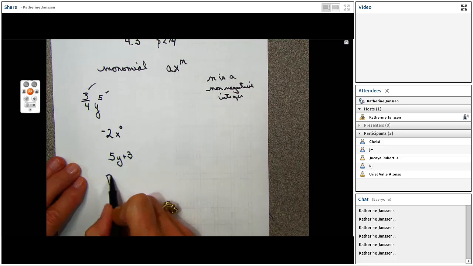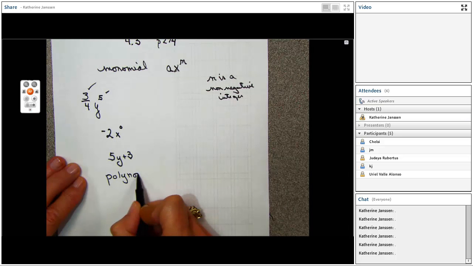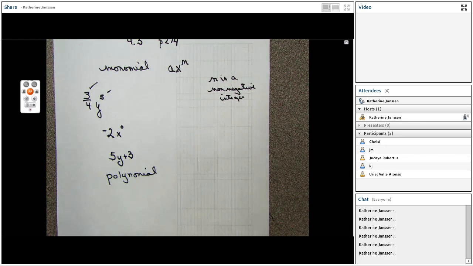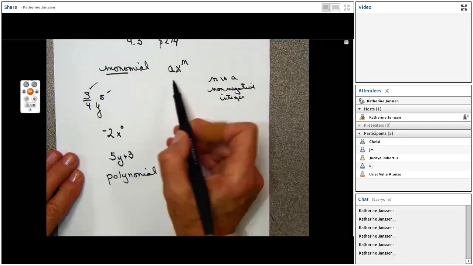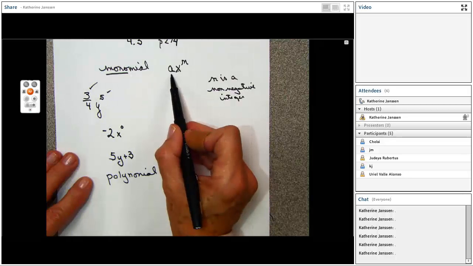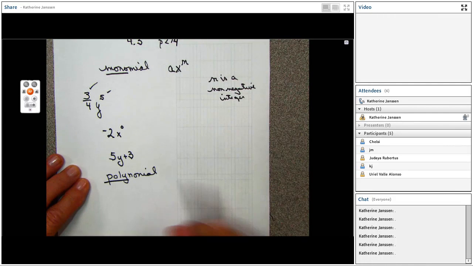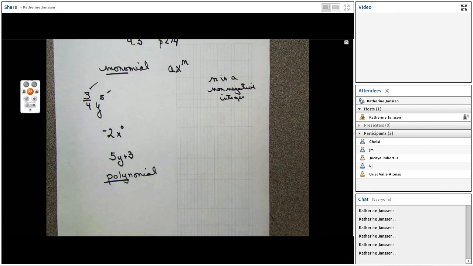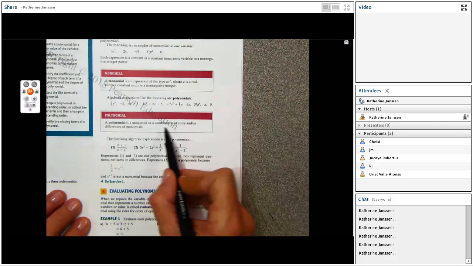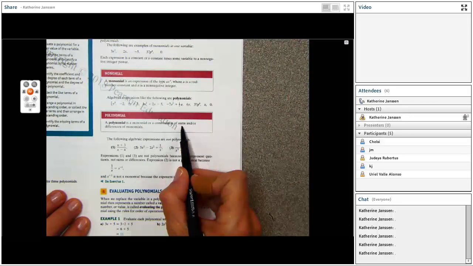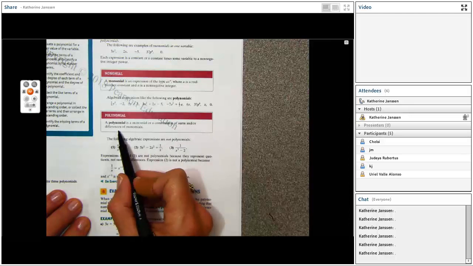So then we introduce our polynomials. Mono means one, so this was one term of the pattern ax to the n. Poly means many, so a polynomial is a monomial or a combination of sums and or differences of monomials.